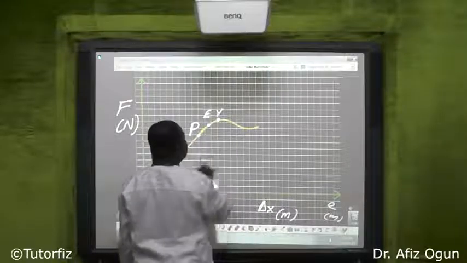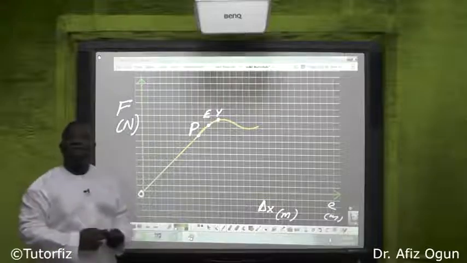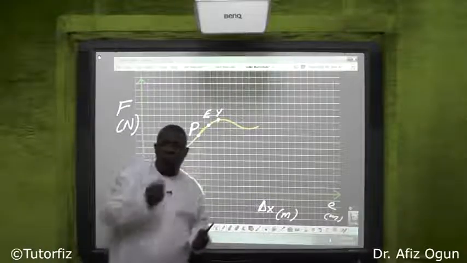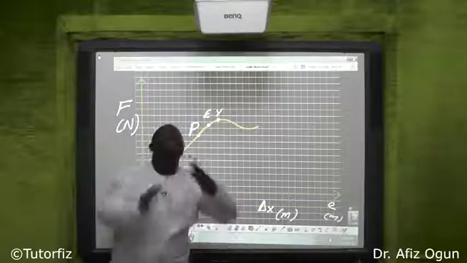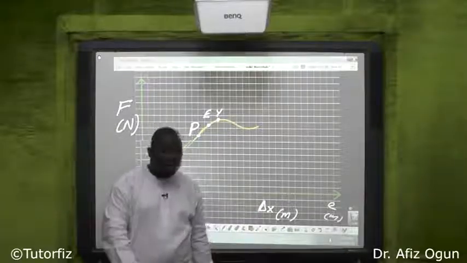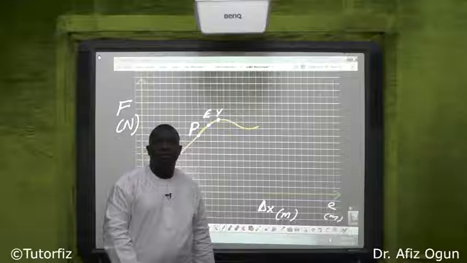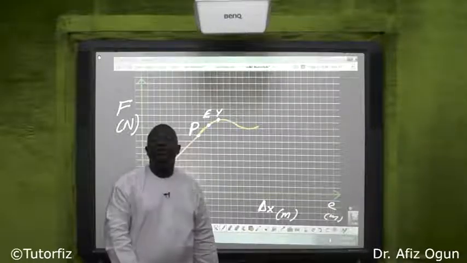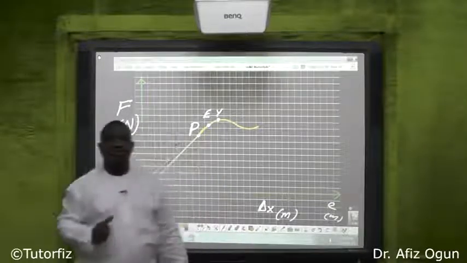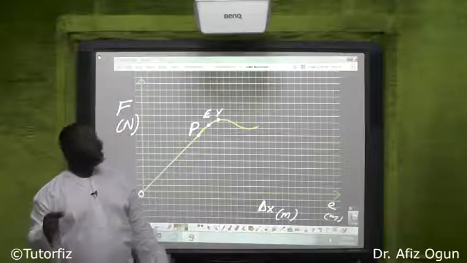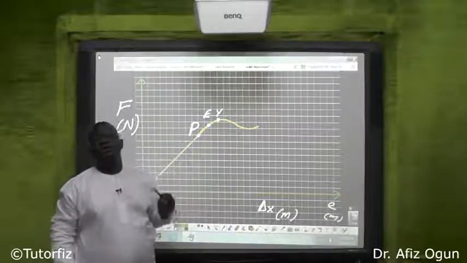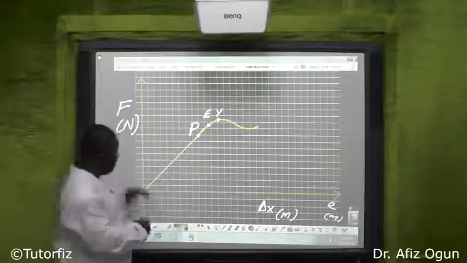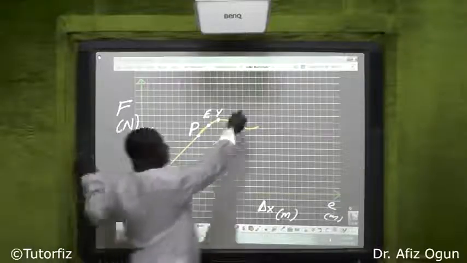The yield point is a point after which little or no force will continue to stretch the material, giving a large extension, even by the weight of the thing. It will give very big extension.